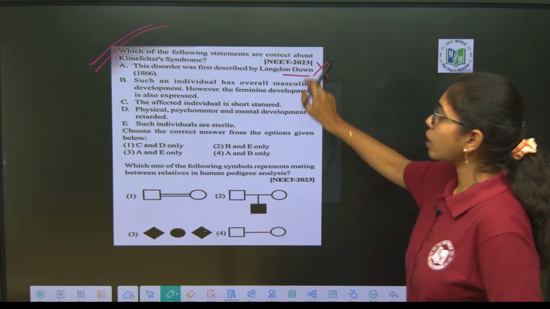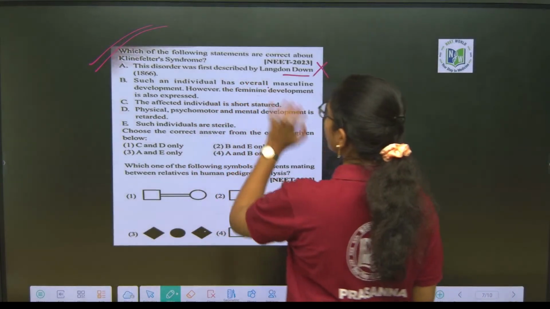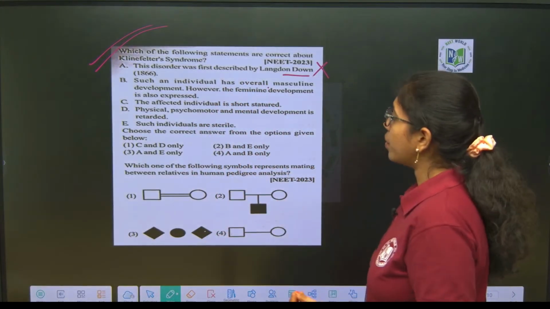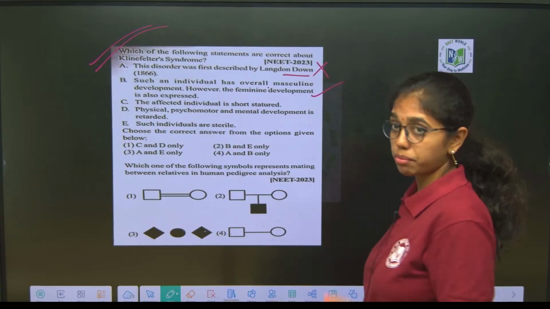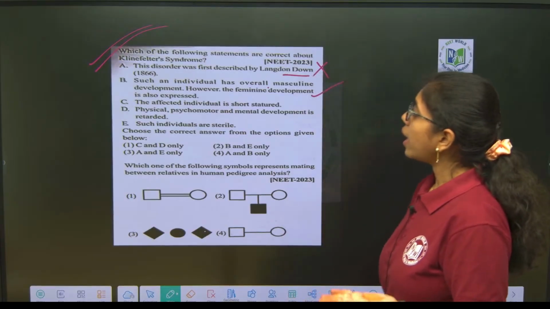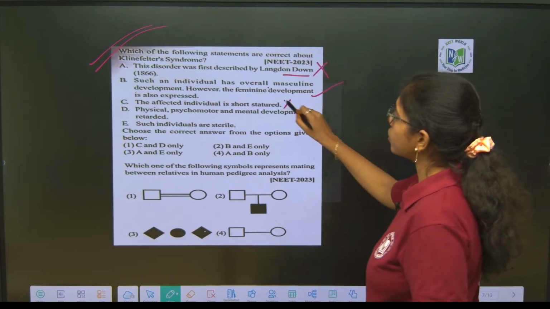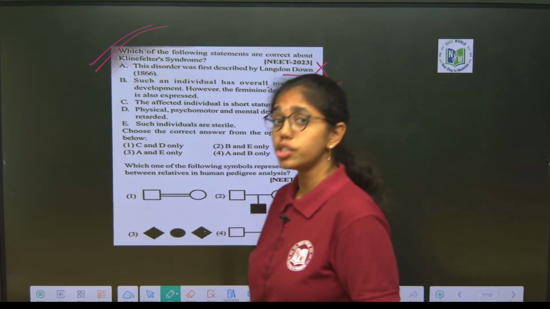He described Down syndrome. In Klinefelter syndrome, the individual has overall masculine development. However, feminine development is also expressed. Yes, feminine development is observed, that is because of the extra X chromosome. And the affected individual is not short statured. Short stature is observed in Turner syndrome females.